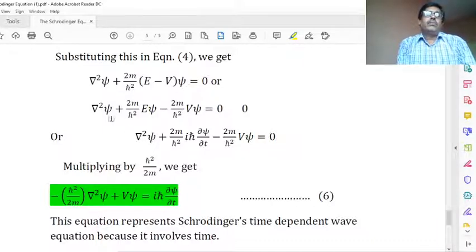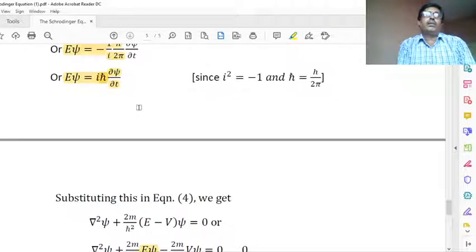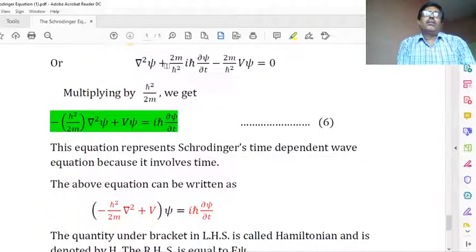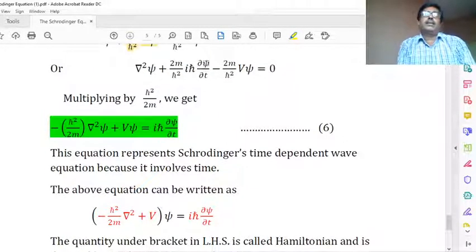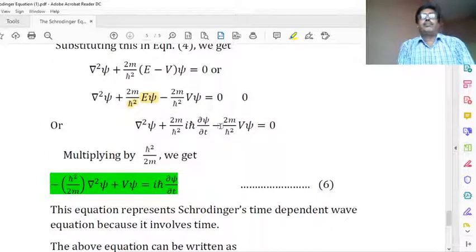And we arrange this: del 2 psi plus 2m by h cross square E psi here. This E psi we have already obtained here as i h cross del psi by del t. So here I am putting the value of E psi as i h cross del psi by del t, and the rest same.